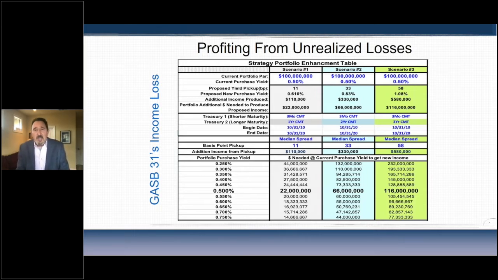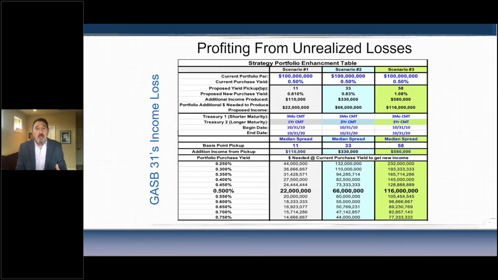I would say the lion's share of public funds look at the duration of their portfolios mostly in the context of a 2-year treasury. If you were to do this over the last 10 years, the difference in spread between the 3-month constant maturity treasury cash proxy and the 2-year treasury is about 33 basis points.